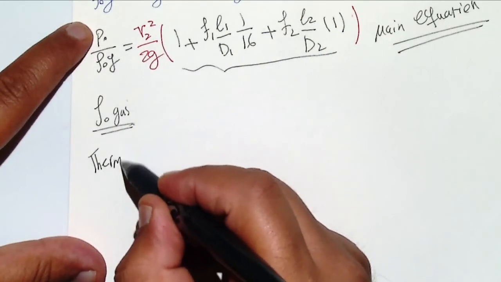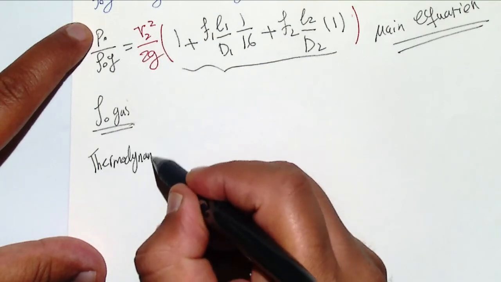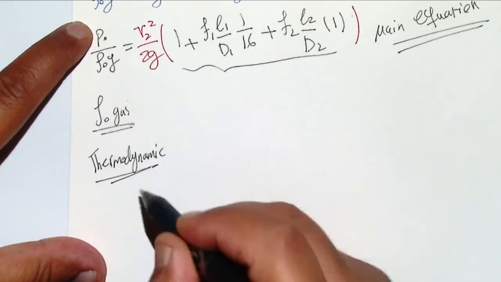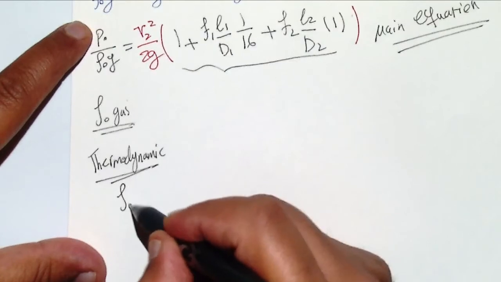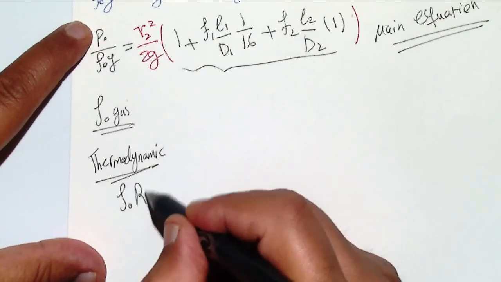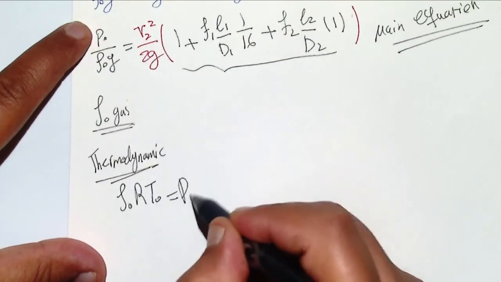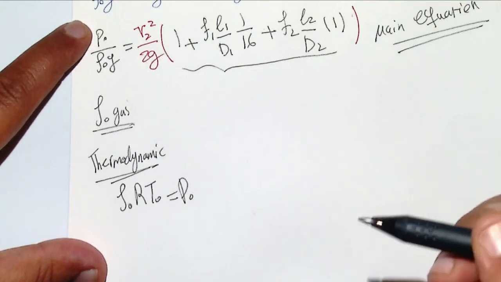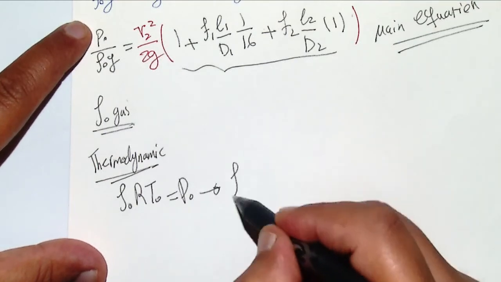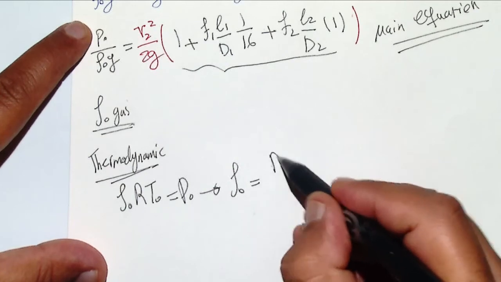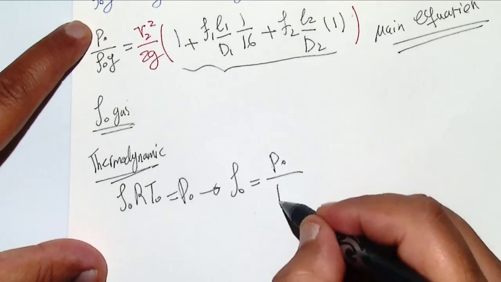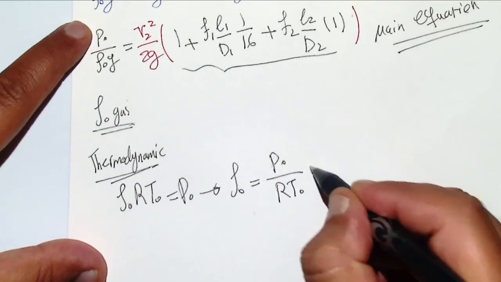So from thermodynamics, rho 0 is equal to P0 of the gas over R T0.